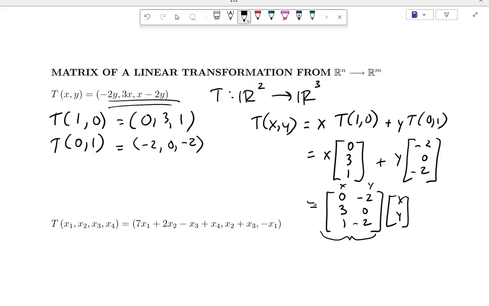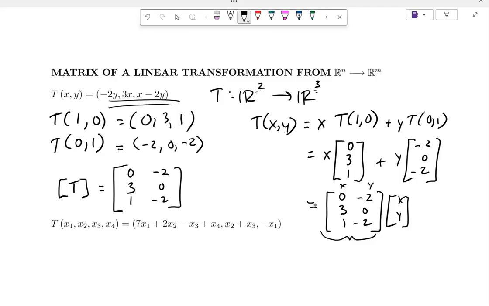Okay. So this is exactly how we form what we refer to as the standard matrix for the transformation. One of the notations for that is just to put brackets around the T. So the standard matrix here is 0, 3, 1, negative 2, 0, negative 2. Notice that, again, we went from R2 to R3. What size matrix did we get?